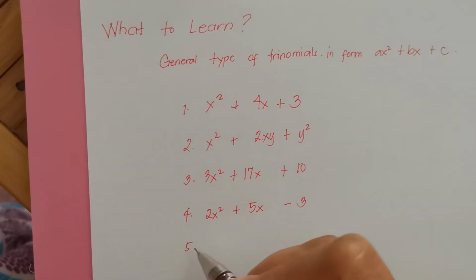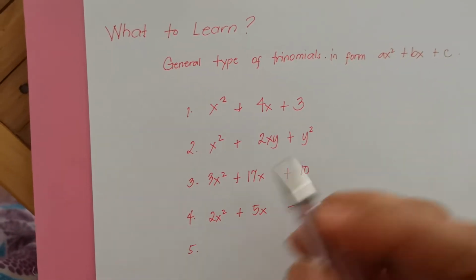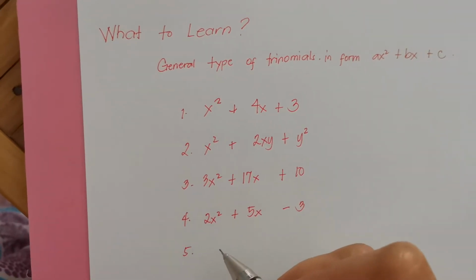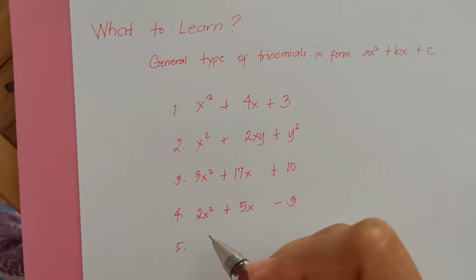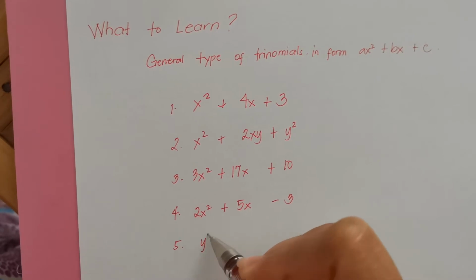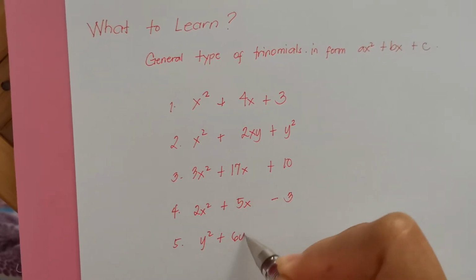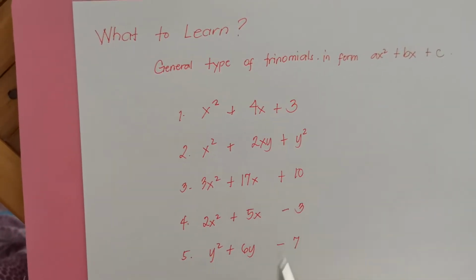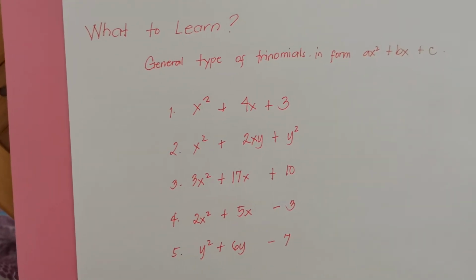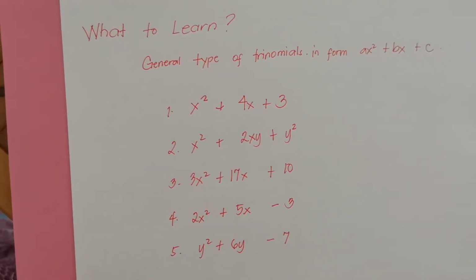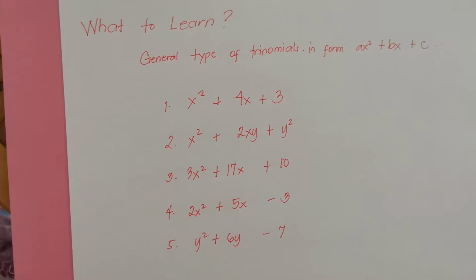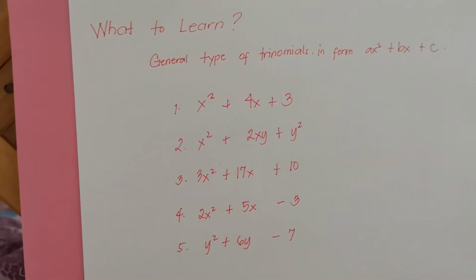If we have number 5, for example, having the variable y, y² plus 6y minus 7. Is this an example of general type of trinomials in the form ax² plus bx plus c? The correct answer is still yes.